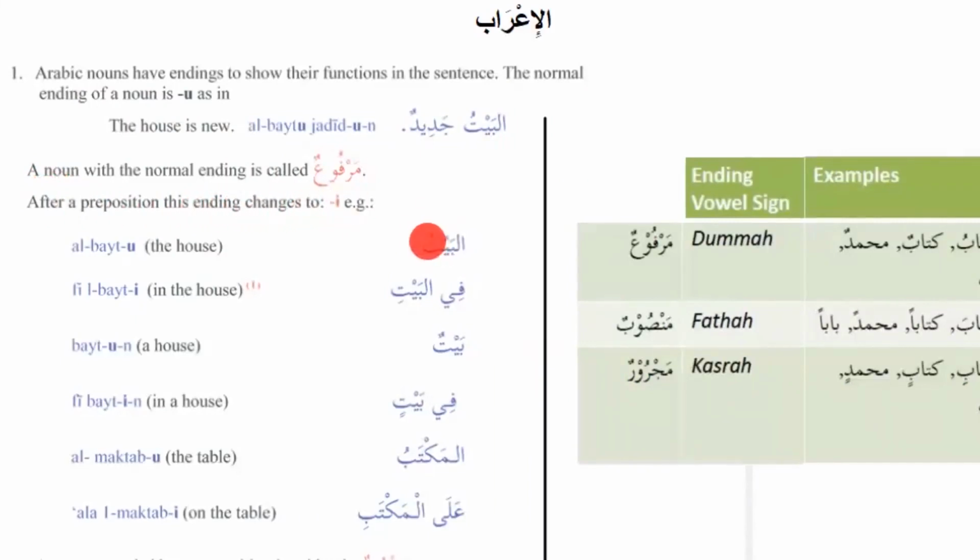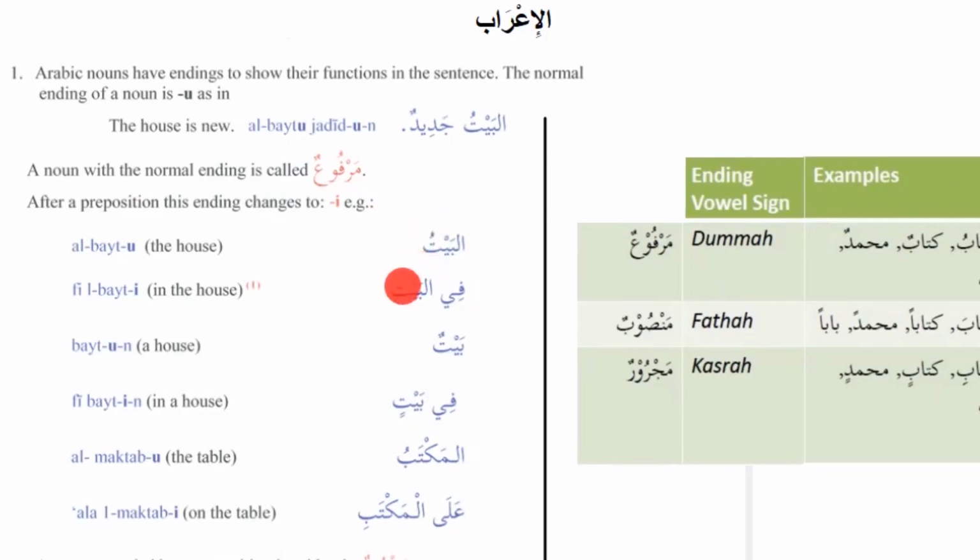We said a noun in its default form is having dhamma, that is marfu'un. It's either having one dhamma or two dhamma, depending on whether there is alif or lam or not. And we said that if there are certain conditions, they will change it to have fatha or kesra.